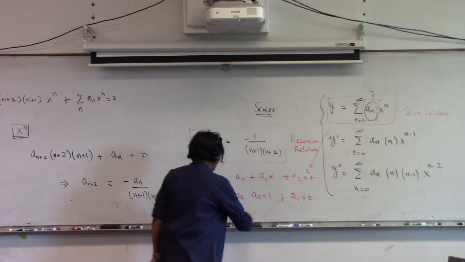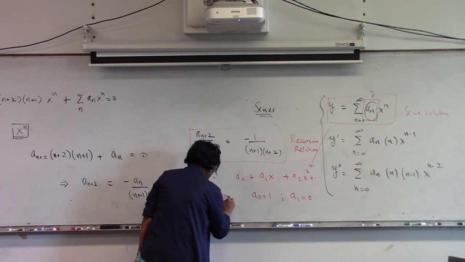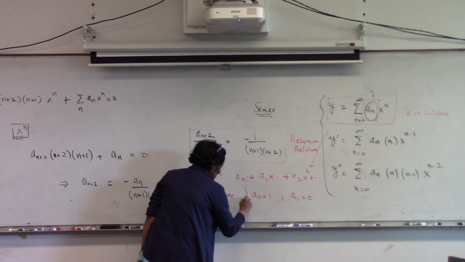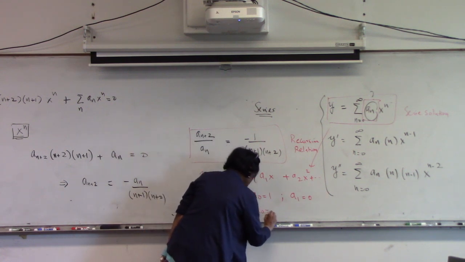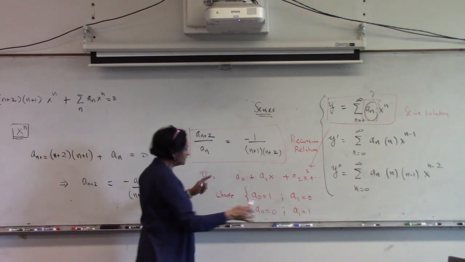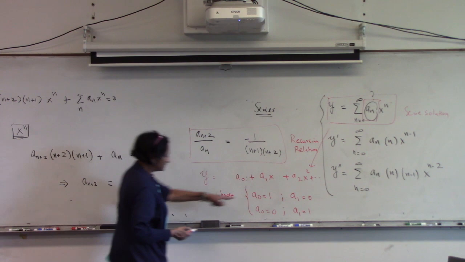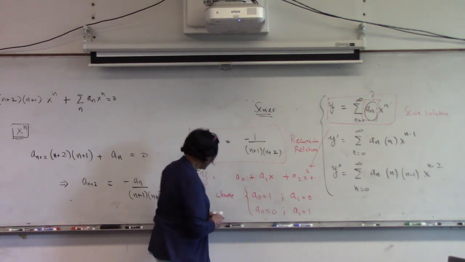That is one choice. I can start the series, okay? So this is a possibility. The other choice is I choose a0 equal to 0 and a1 equal to 1, because a constant times a solution is always a solution. Doesn't matter, I'm just saying this is non-zero and that is 0. Okay, that's what it is.